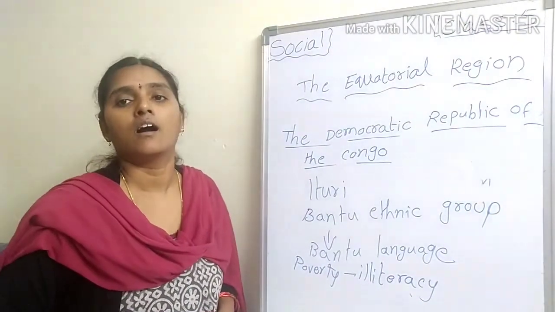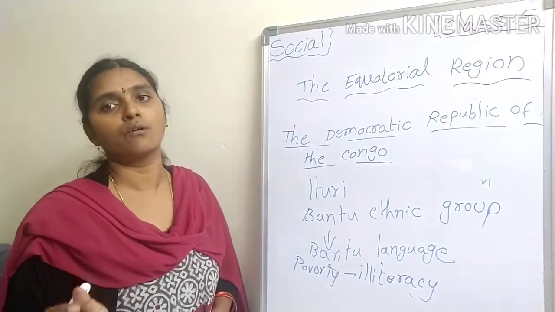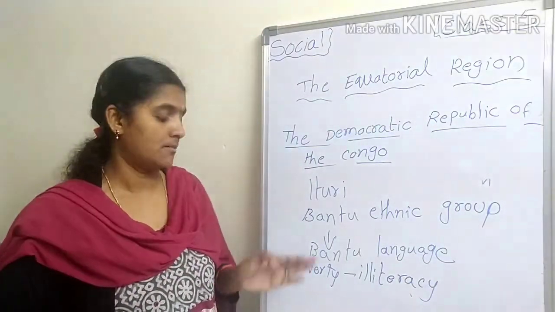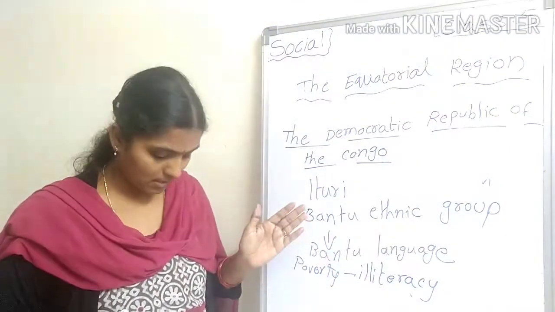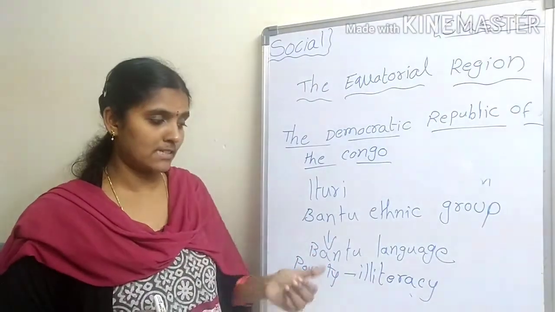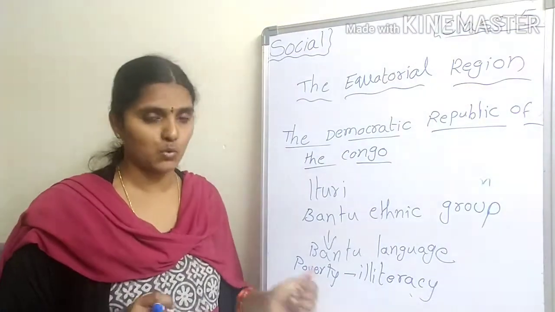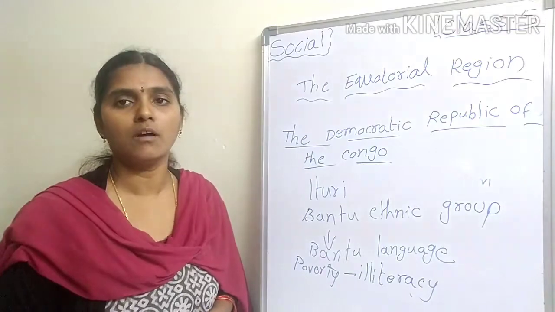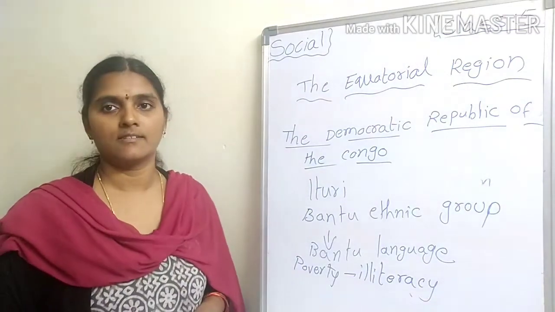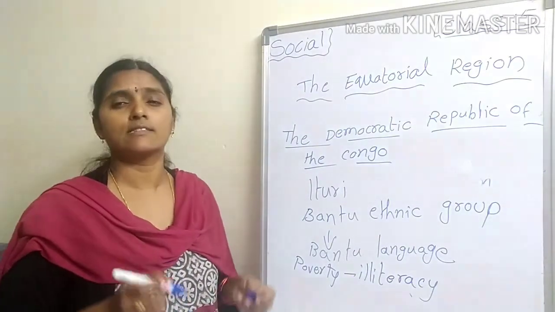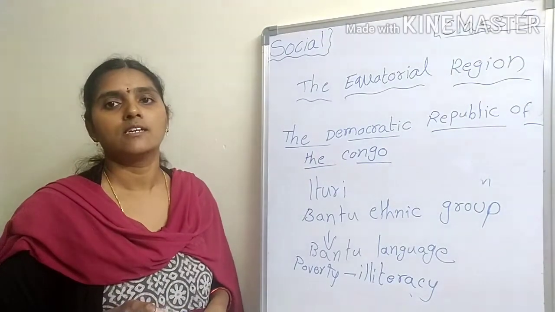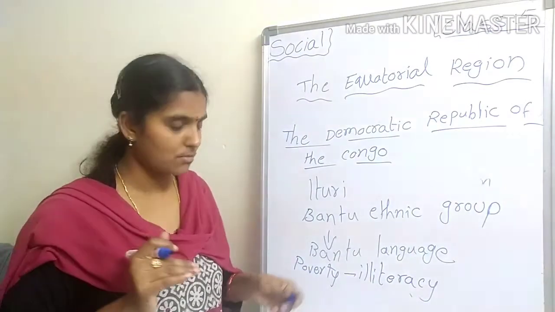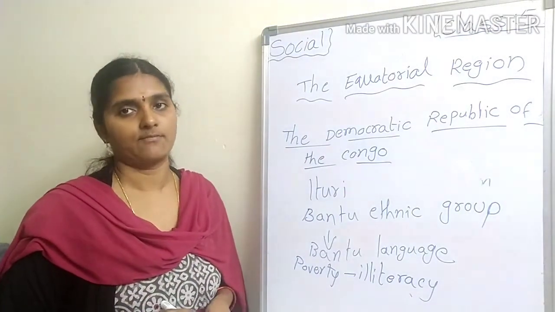Illiterate means people who don't know how to write and how to read. Understood? The country's thick rainforests are depleting due to illegal cutting of trees for timber.